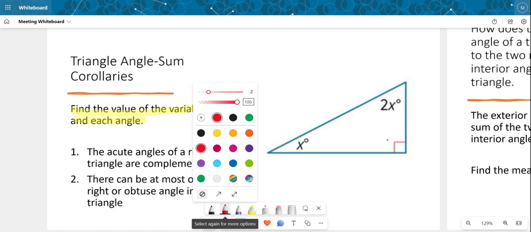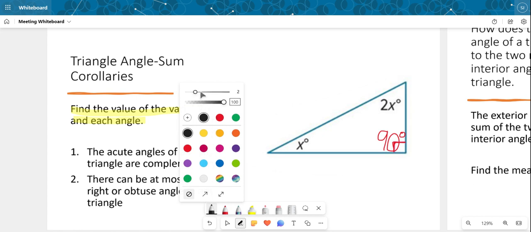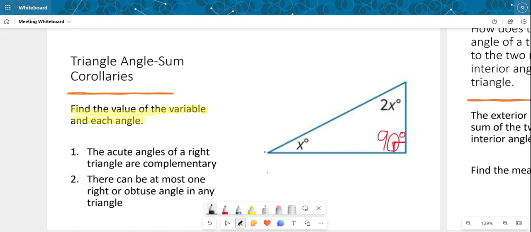We know this angle in the bottom right of this triangle. We got a square, that means it's a 90-degree angle to begin with. We already know one of the angles. Since it's just a triangle in general, we can go ahead and write facts that we know.